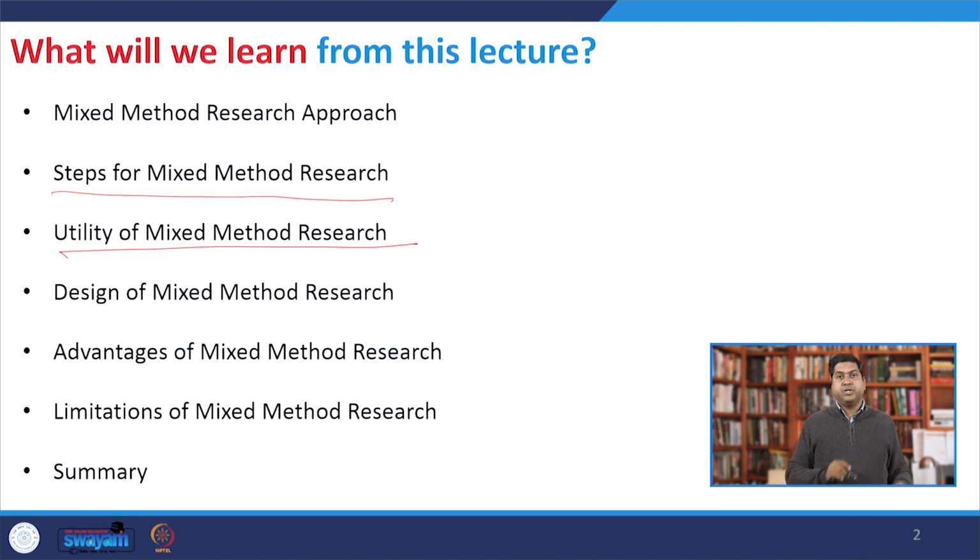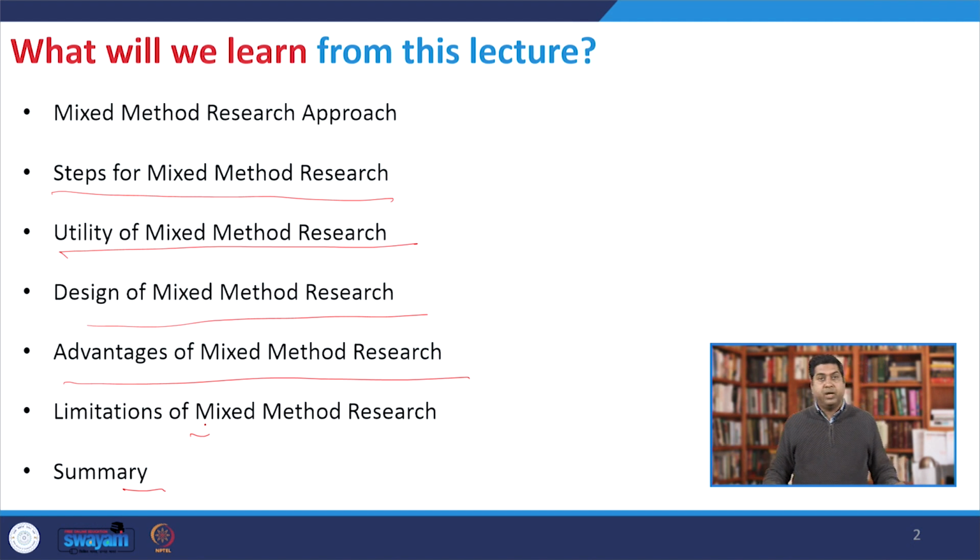Then, as I already mentioned in the beginning today, there are different types of mixed method, where we can make a parallel approach in qualitative and quantitative way, or maybe we can make some conversion from qualitative to quantitative, quantitative to qualitative, etc. That we'll discuss in the design of mixed method research. At the end, we'll also discuss certain advantages of mixed method research and also the limitations. And then we summarize our findings.